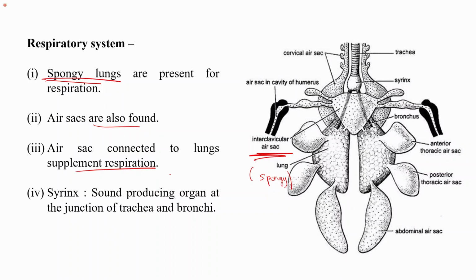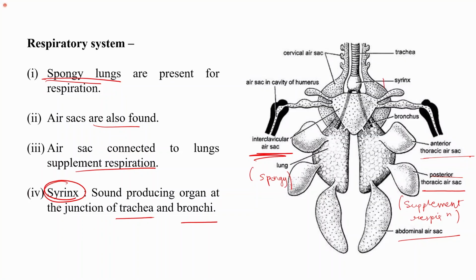You can see examples like the anterior thoracic air sac, posterior thoracic air sac, and abdominal air sac. The syrinx, which is a sound producing organ, is present at the junction of trachea and the bronchi.